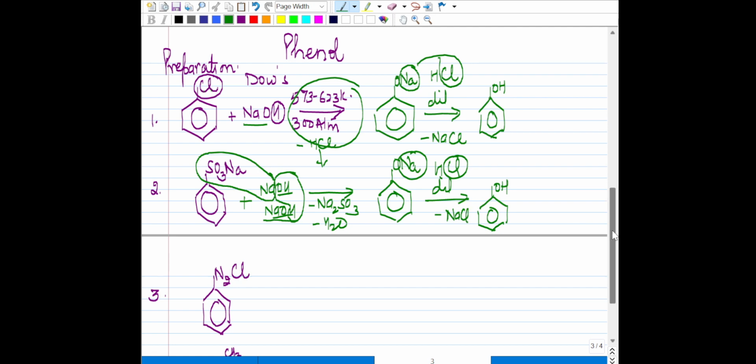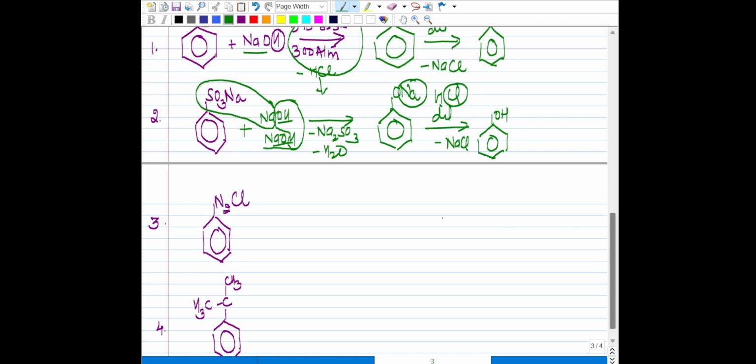Now the third reaction is preparation from benzene diazonium chloride. When we take benzene diazonium chloride, we hydrolyze this. For hydrolysis, we take it in the presence of dilute acid, right? So what will happen? Nitrogen is released.